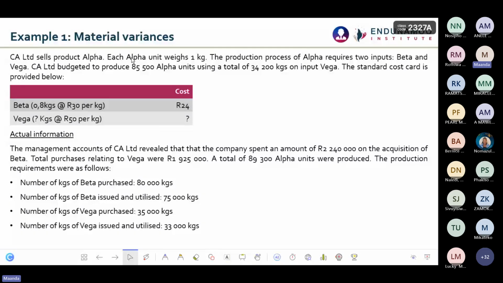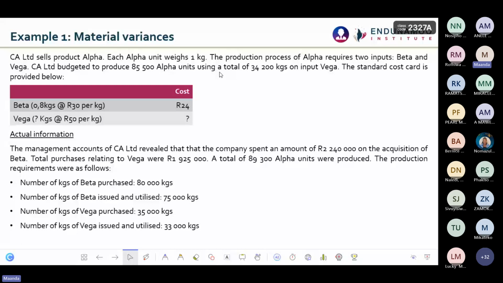If there's no use for it, I need to make sure I don't get confused here. When I do my variances, I can't use this because this is what I've budgeted, and the production has changed, like we said.